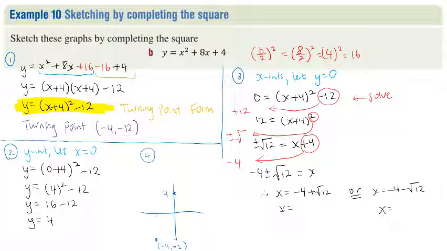So that's probably going to be around -1. And our other one is at -4 minus the square root of 12. So it's going to be around -7.5 or something. Like this. And then we join it up. And that's it drawn.